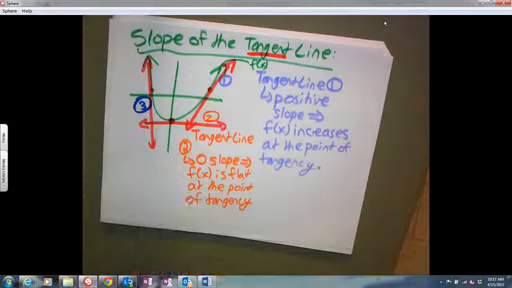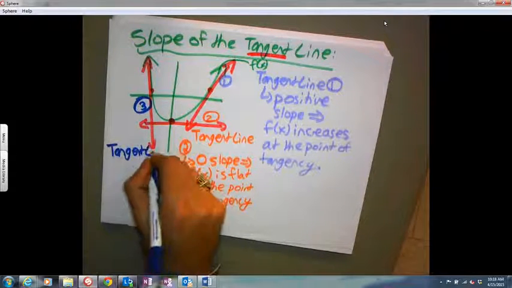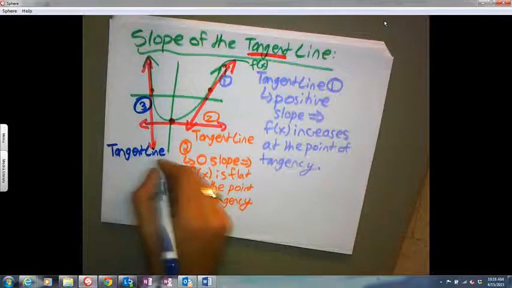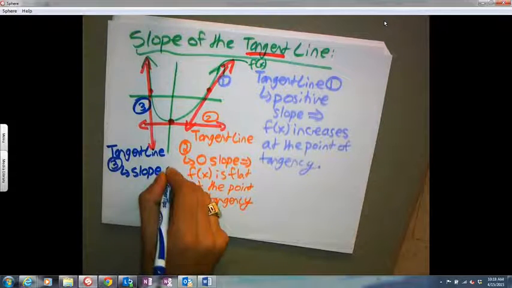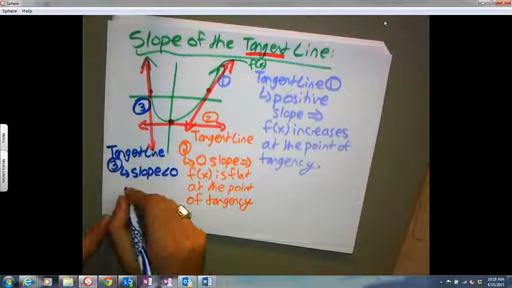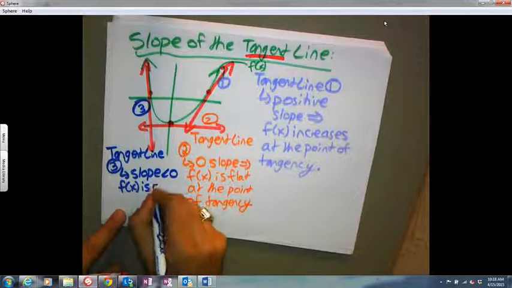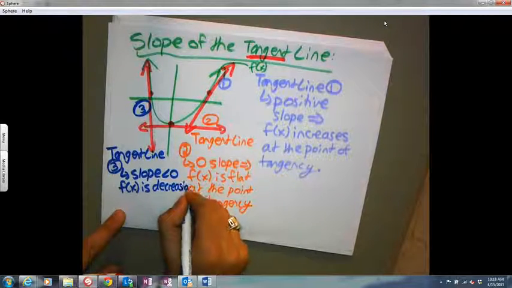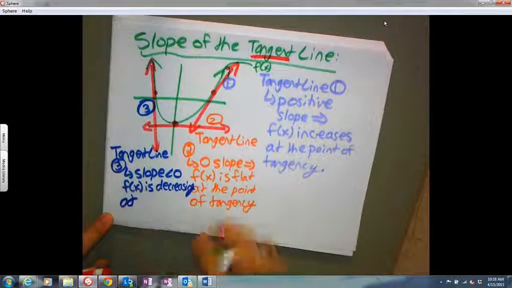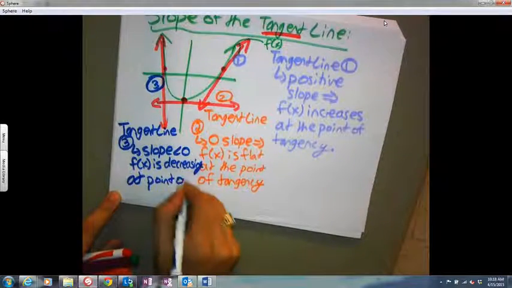And finally, tangent line 3. Slope is less than 0, so f of x is decreasing at the point of tangency.